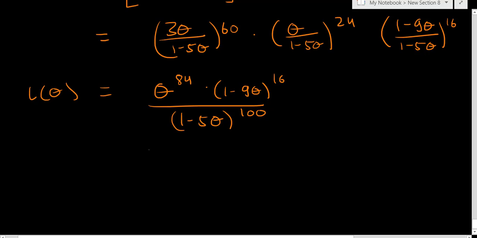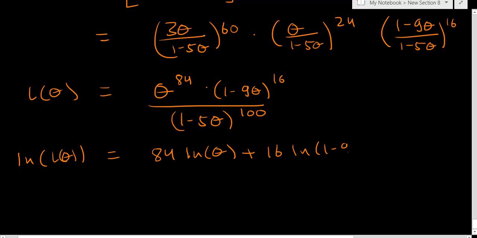Now I will take a log for this. So the log of likelihood function is 84 log theta plus 16 log of 1 minus 9 theta plus 100 log of 1 minus 5 theta. Okay, so this is what I have here. Now let's just differentiate this.